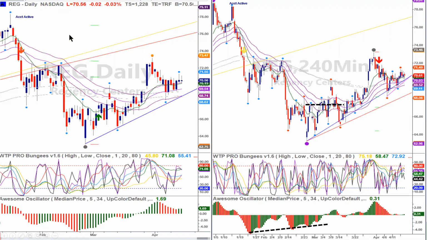Now I put the daily next to a 240-minute, a 4-hour, because you can always go down to a smaller time frame to see the price action, to see a 1, 2, 3 reversal. Just because you get the signal on the scanner that it's time to buy, still, I'm not just going to buy.